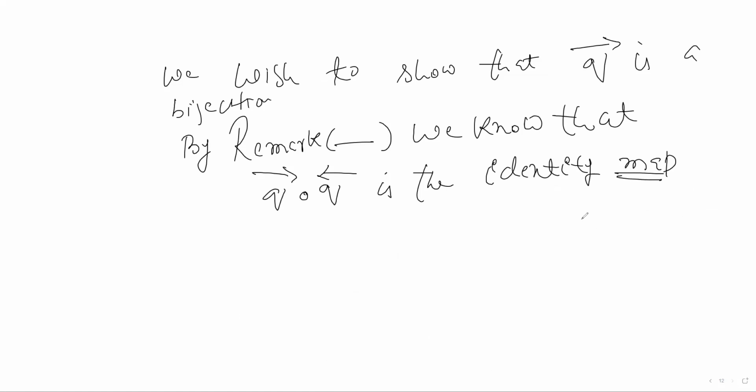Why? Because actually we are using this remark. So we have proven a remark. So for general relations, you have this one.